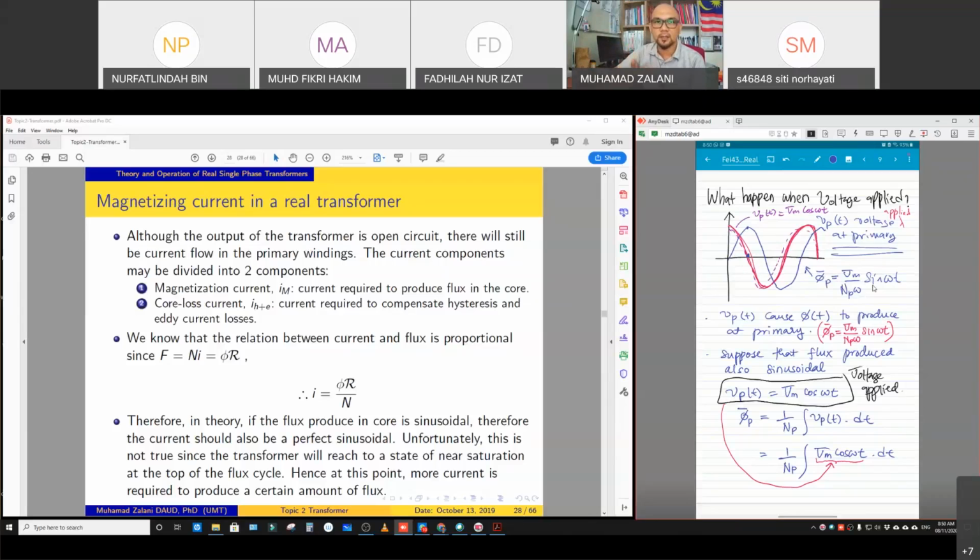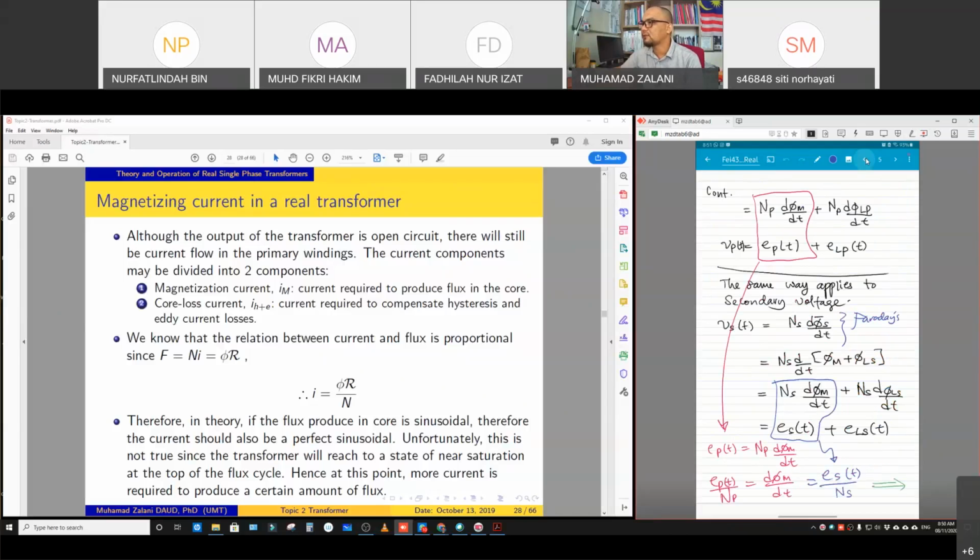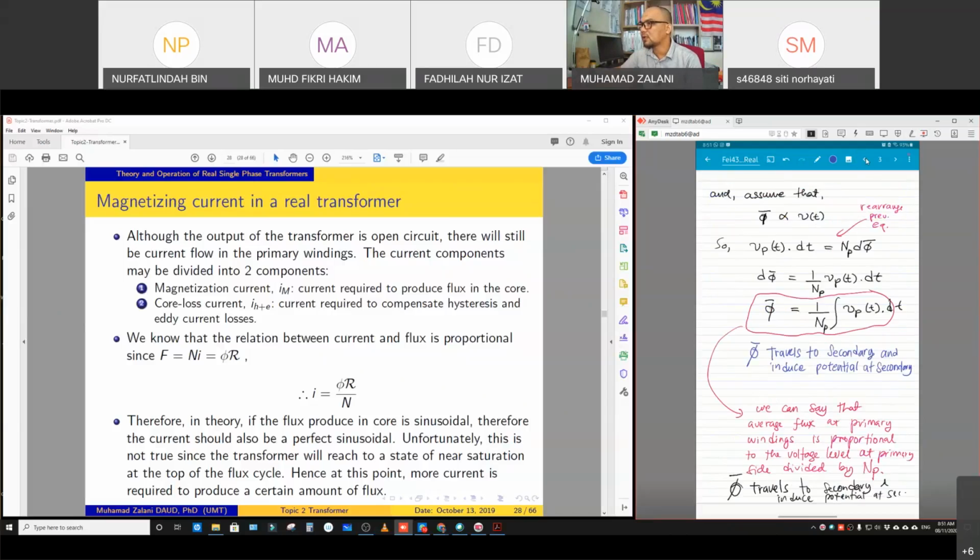Why do we get the sine function? This is explained in these notes. As you can see in these notes, this one is from the voltage applied, Vp equals Vm cosine omega t. We know from our past discussion in the previous lesson, in page 3, the average phi is this equation, 1 over Np integration of Vp(t) dt.